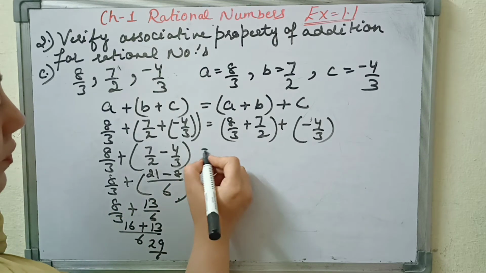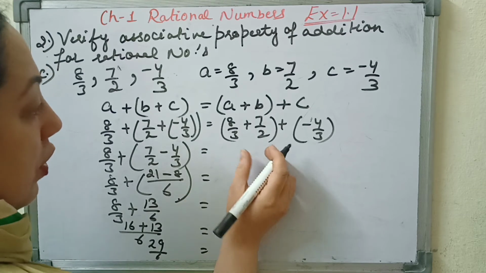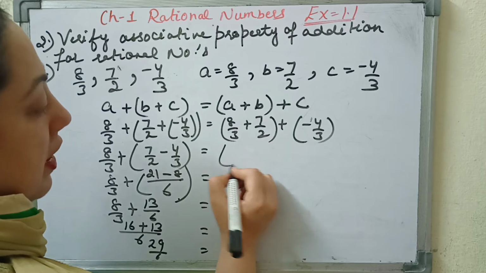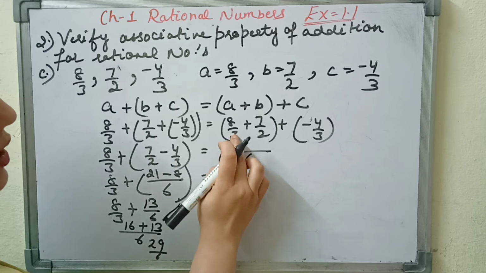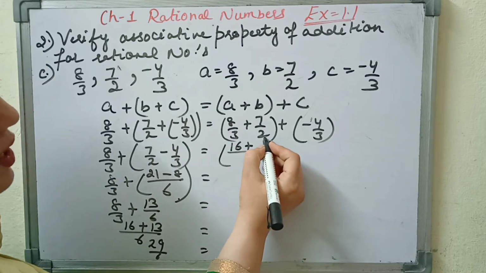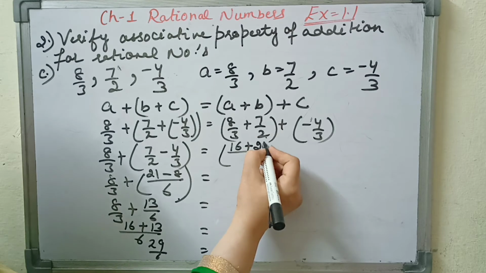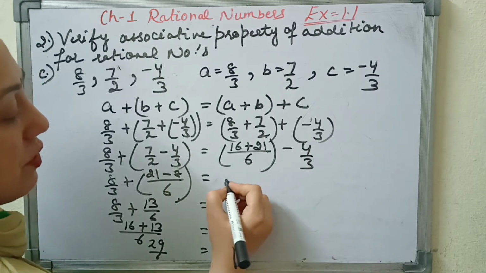Now, on the other side, we solve the first two terms that are in the first bracket. Taking the LCM of 3 and 2, we get 6. 6 divided by 3 is 2, 2 eights are 16. Again 6 divided by 2 is 3, and 3 sevens are 21. Plus -4/3.